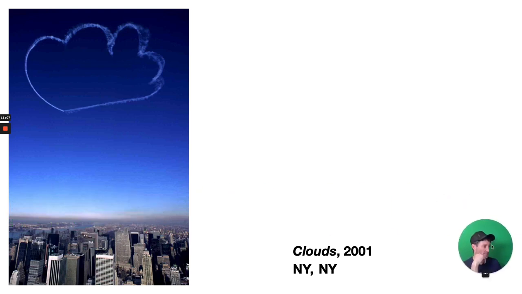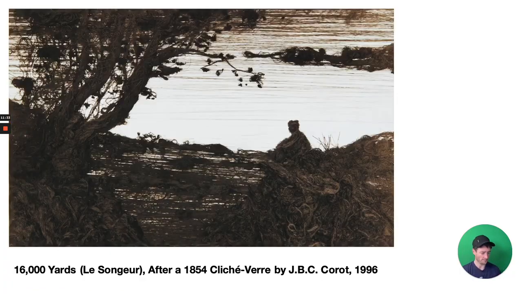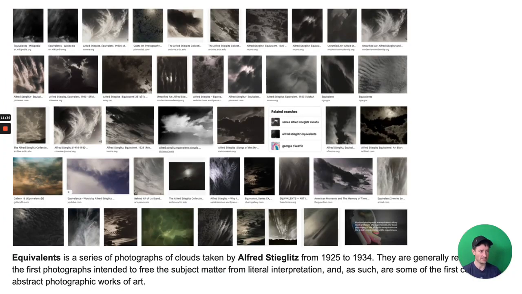This image is called Clouds 2001. This is New York City, and one of the things I'd like you to ponder is, is this a cloud? Is this a drawing of a cloud? Is this a representation of a cloud? It's got this comical contour representation of a cloud, which clouds don't look like. They look much more like this, right?